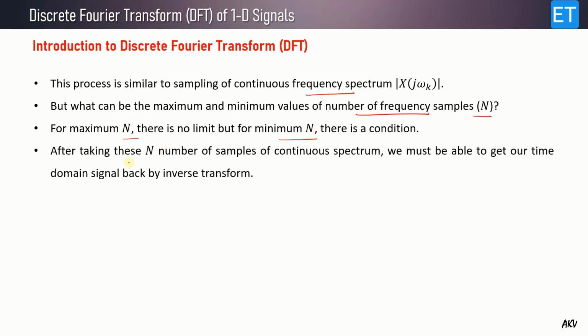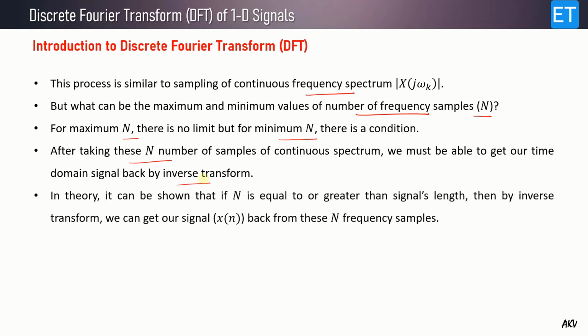Because after taking these N samples or discrete points of this continuous spectrum, we must be able to get our signal back by inverse transform. So, in theory, it can be shown that if N is equal to or greater than the signal's length, then by inverse transform, we can get our signal back from these N frequency samples.